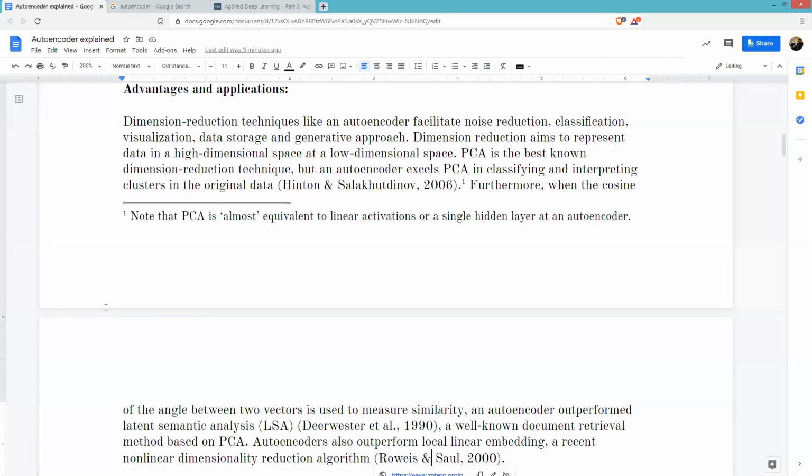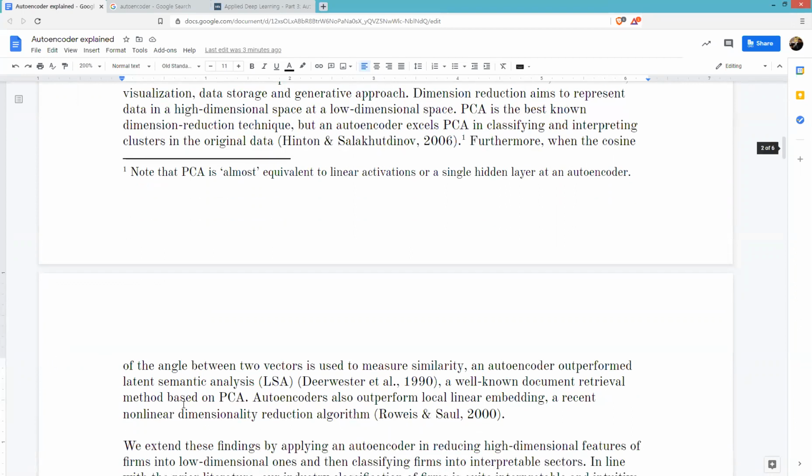Furthermore, when we measure the distance between two vectors, of course, we can use Euclidean distance. Another way is to measure the cosine of the angle between the two vectors.